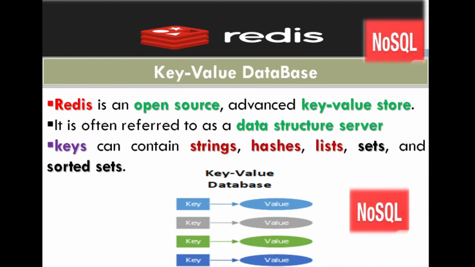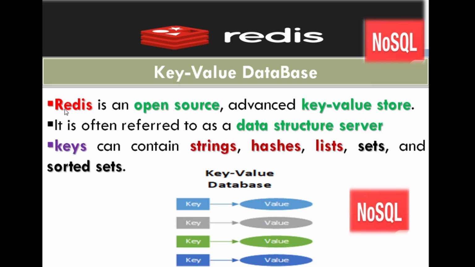Now let's start this tutorial by reminding what a key value database is. A key value NoSQL database is a database based on keys and values. So in a key value database we store data as keys and values.